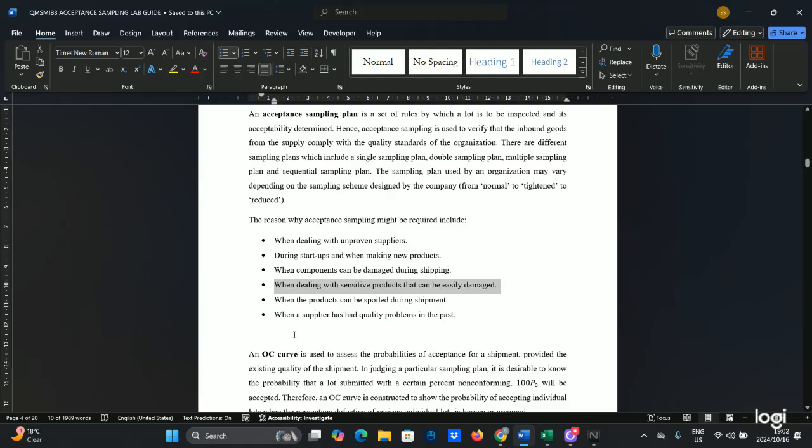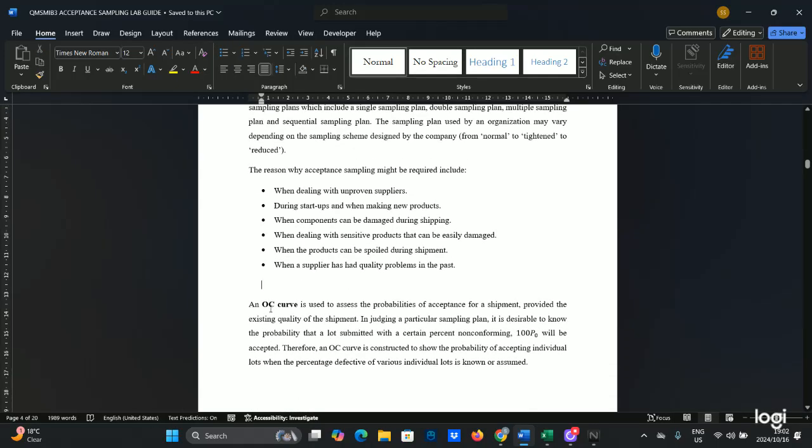When you do a sampling plan, what is known as an OC curve is created, which is used to assess the probability of acceptance for a shipment, given the existing quality of the shipment. In judging a sampling plan, it is desirable to know the probability that a lot submitted with a certain non-conforming percentage will be accepted. That's why they have the C value.